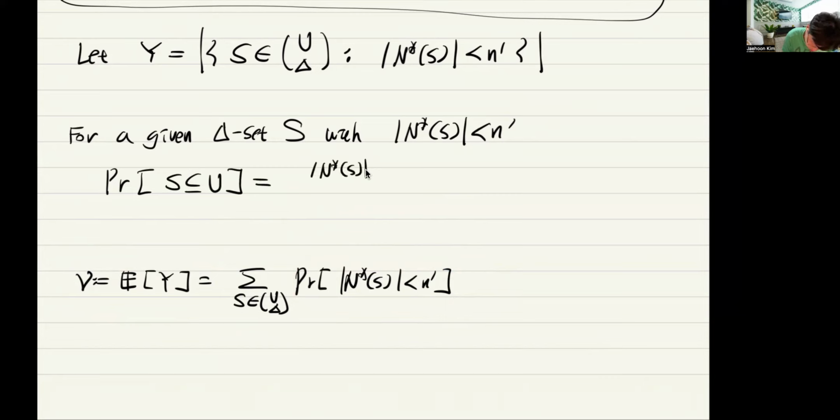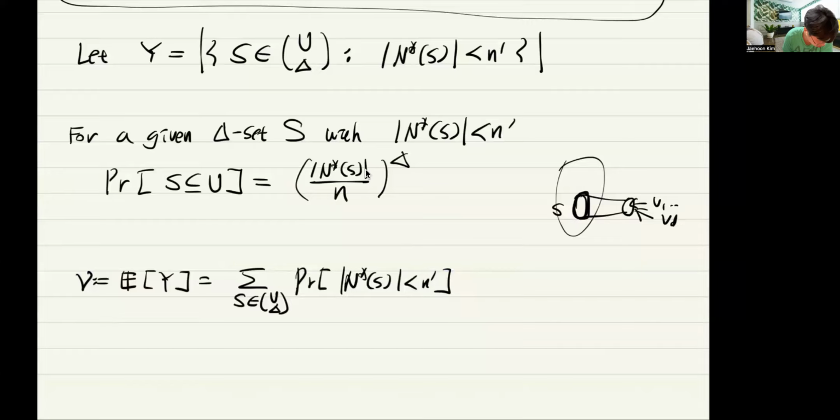Again, same way. S has small common neighborhood. The only way that this S is inside of U is that p1 to p delta are all in this common neighborhood. So this is the probability.